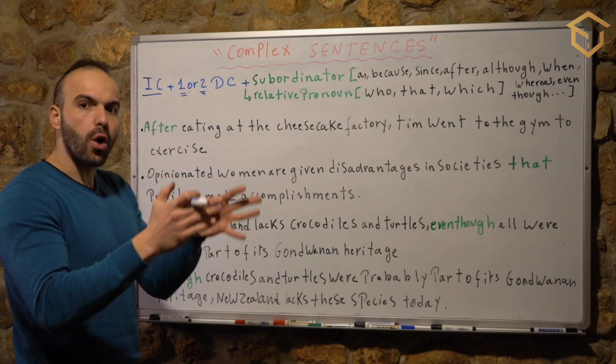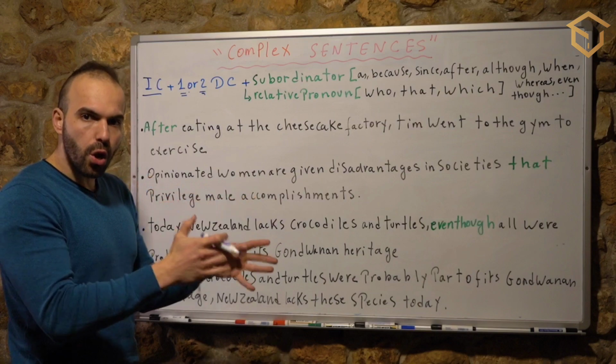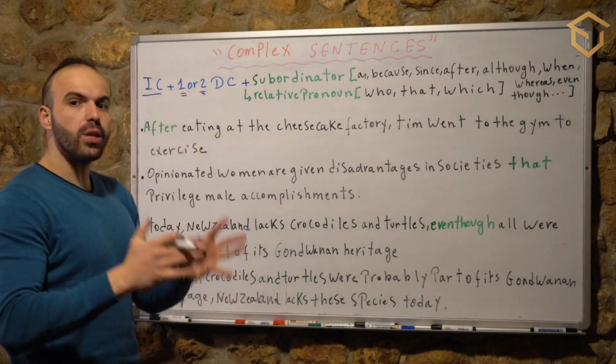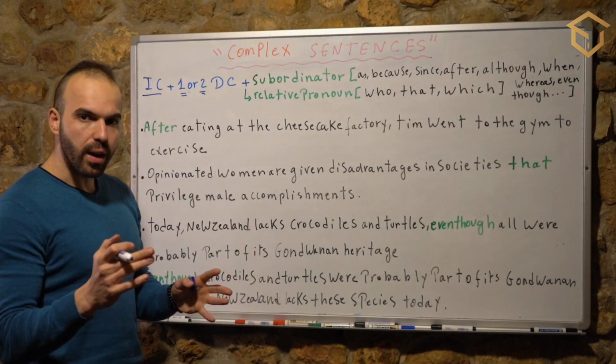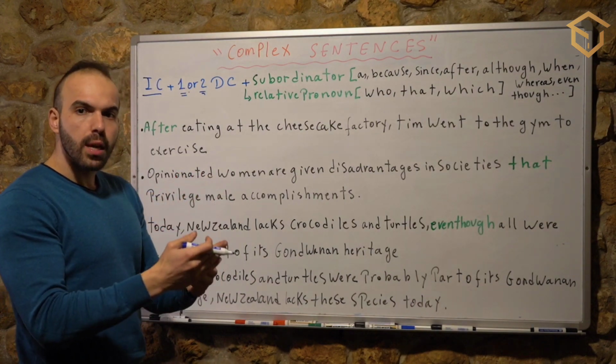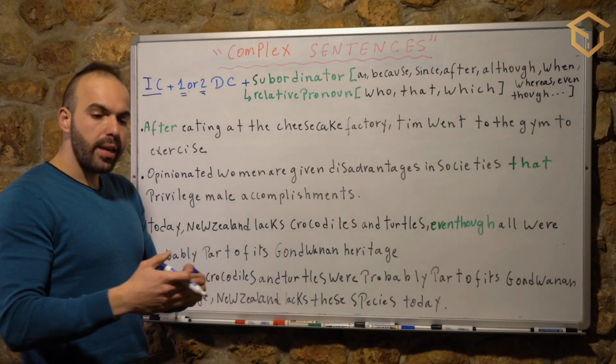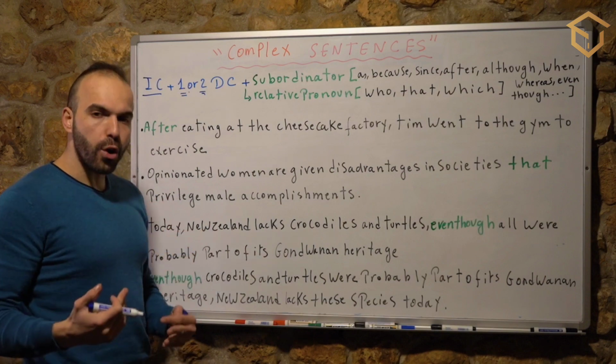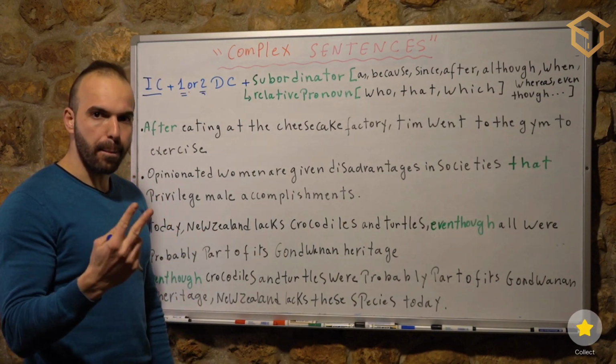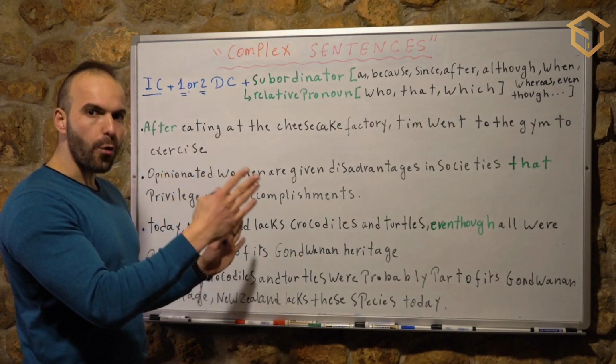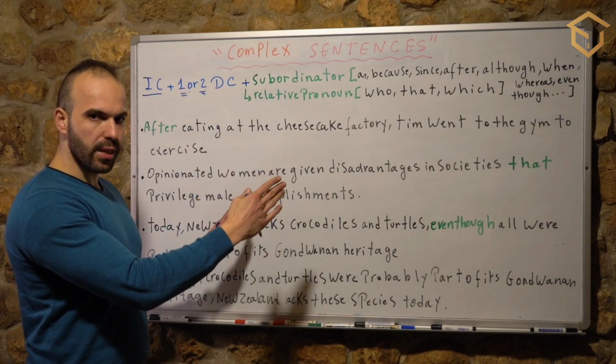It can stand on its own. It can stand alone. It can express a single thought. However, a dependent clause means it lacks either a subject or a verb or actually both of them. Okay, I will show you what I mean next in these sentences.